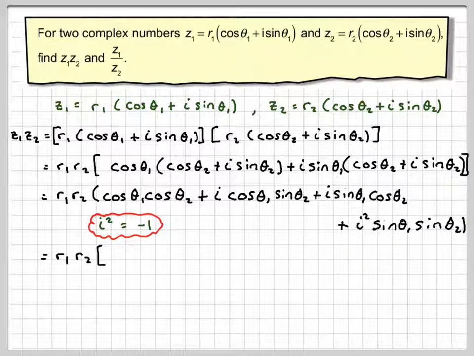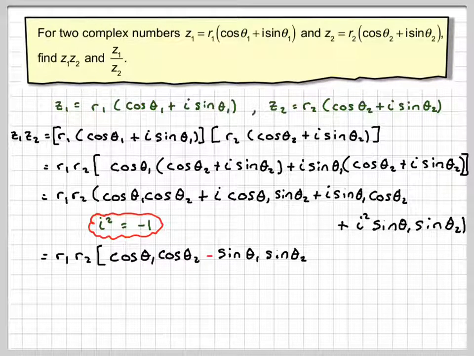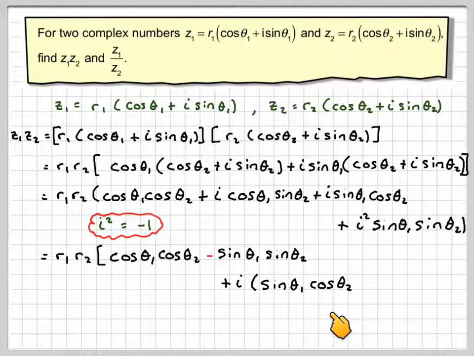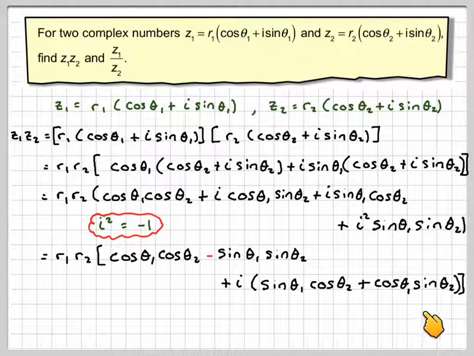So now we'll put the real bits and the imaginary bits together. So we've got r1 r2, and then we're going to have cos theta 1 cos theta 2 minus sin theta 1 sin theta 2. And for the imaginary bit, if we just take the i out, we're going to have plus i(sin theta 1 cos theta 2 + cos theta 1 sin theta 2).